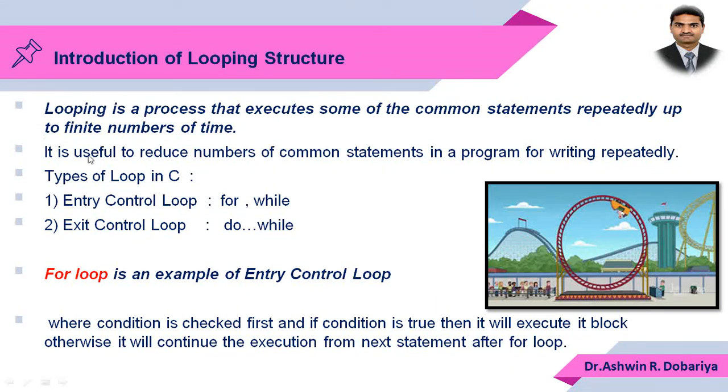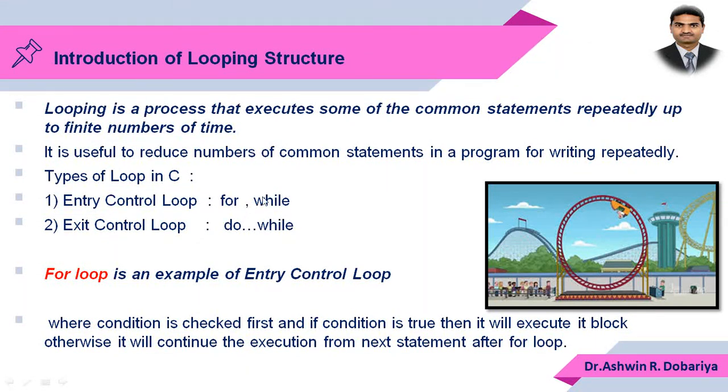Now in C language there are two major categories of loops: entry control loops and exit control loops. First of all, let me discuss what an entry control loop is.